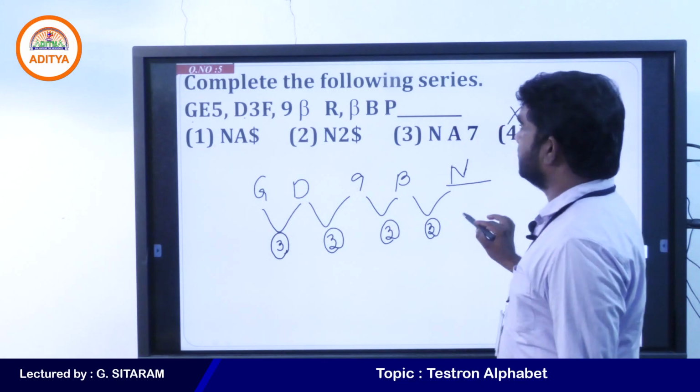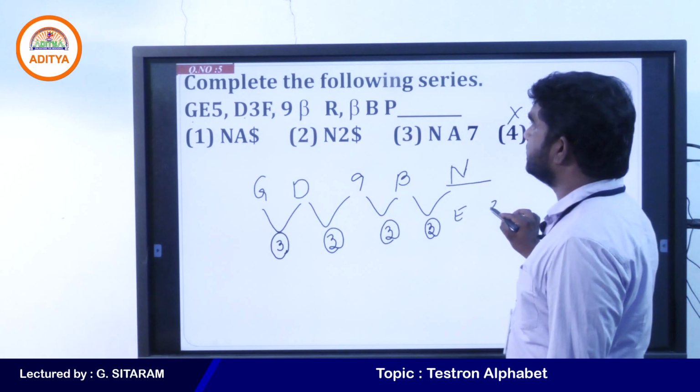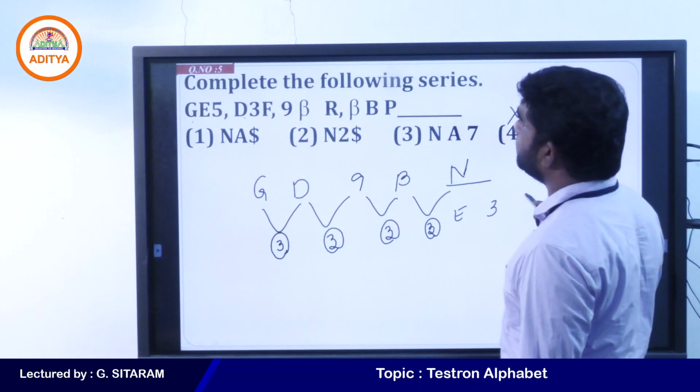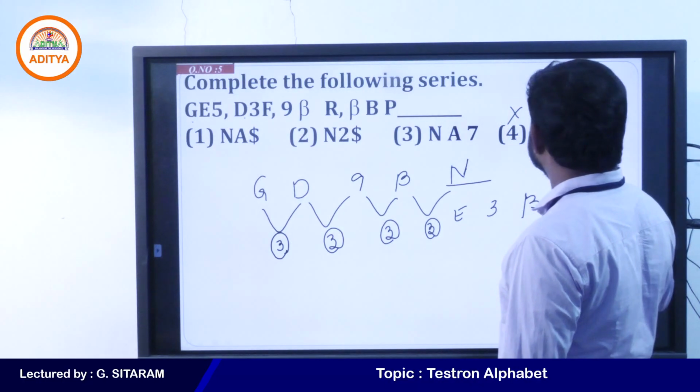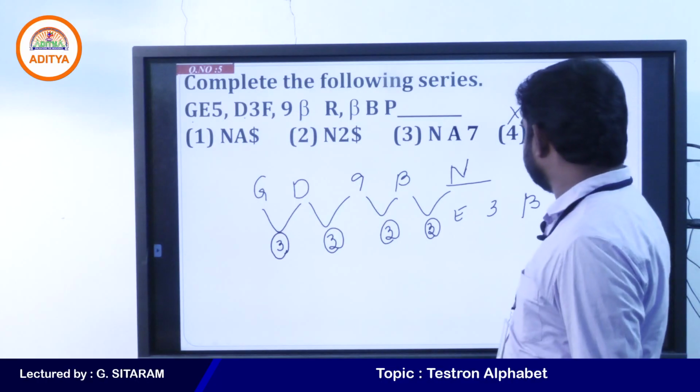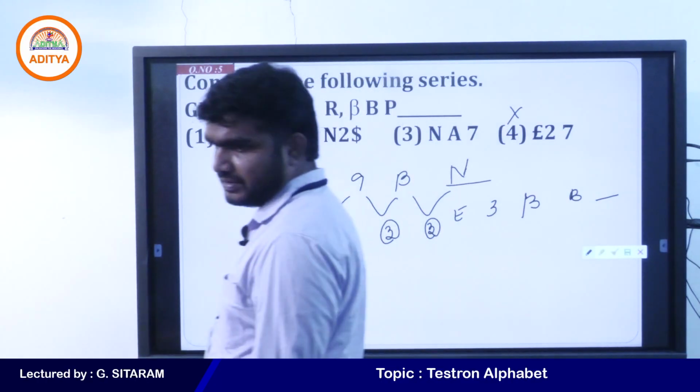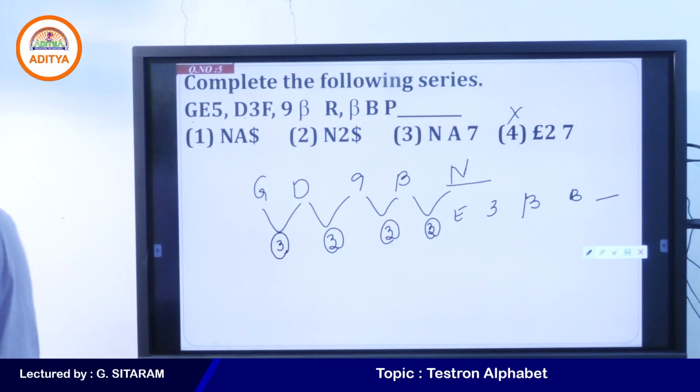Then take this next letter E, 3, beta and B. How much gap is there? Just check it. E, 3, in reverse order it has come.